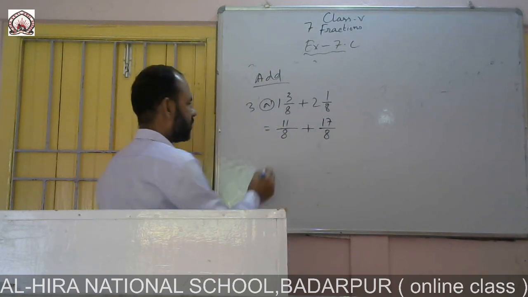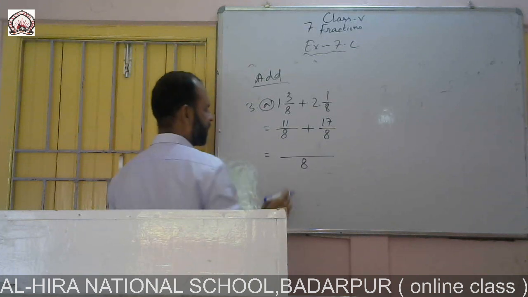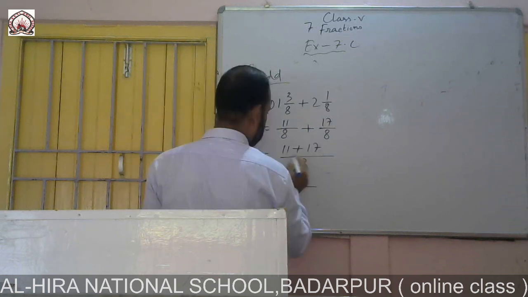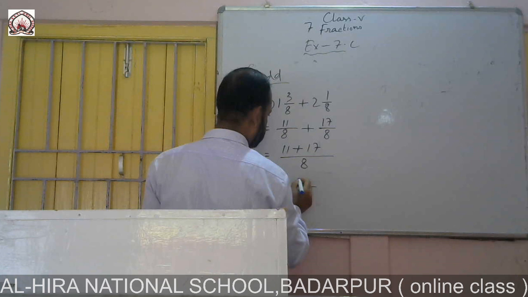Now the 8 is the same, that's why we take it once, then 11 plus 17. So 11 plus 17 equals 28 by 2. Now cut by 4.